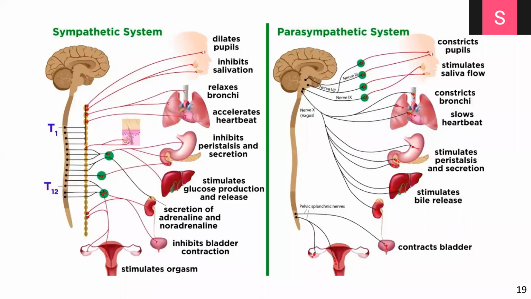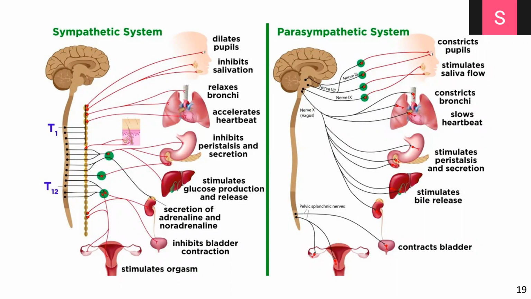In this picture, we can say that really the sympathetic and parasympathetic are antagonists. When sympathetic, for example, dilates the pupils, the parasympathetic constricts, and when sympathetic relaxes bronchi, the parasympathetic constricts.